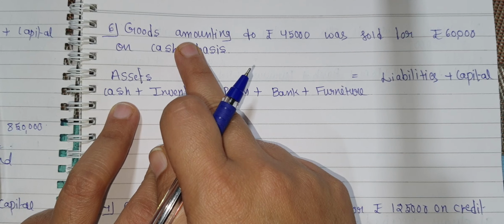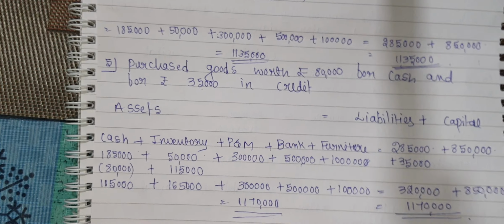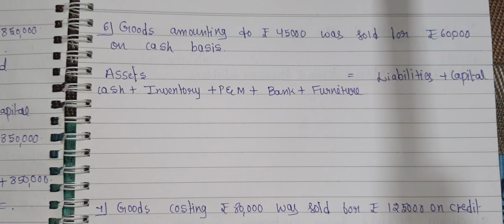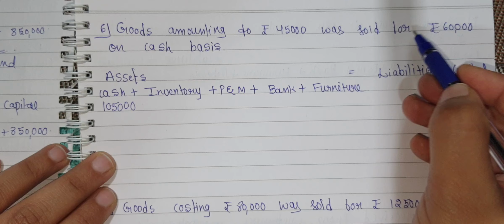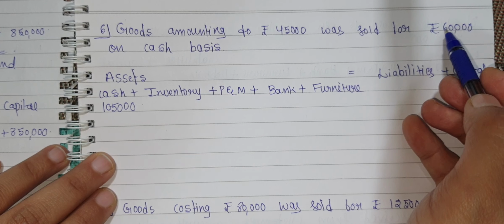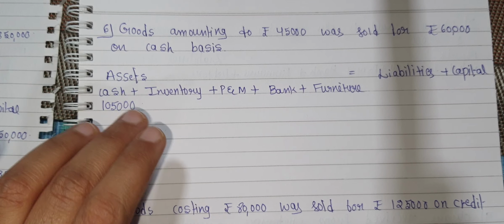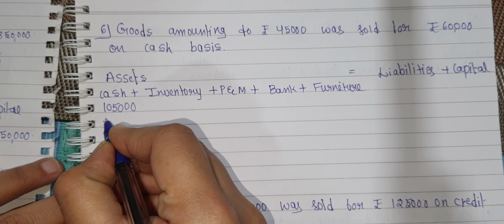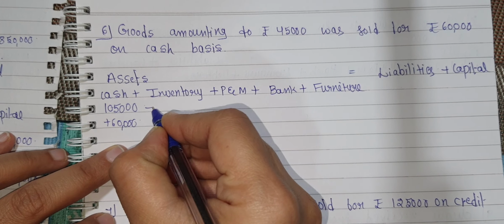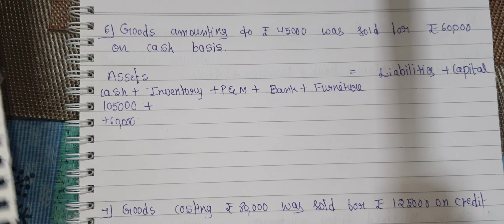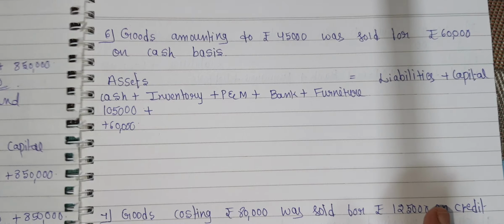See here, cash: in the last transaction our remaining cash is rupees 1,05,000. Write down rupees 1,05,000, and the goods sold for rupees 60,000 means there is an increase in cash by rupees 60,000. So add 60,000. Our inventory in the last transaction was 1,65,000.